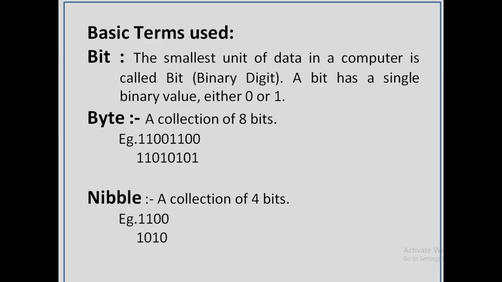For example, we can write 8-bit combination of 0 and 1. Second term is nibble. Nibble is a collection of 4 bits. So in this example we can write any combination of 4 bits. So these are the basic terms used in digital system.